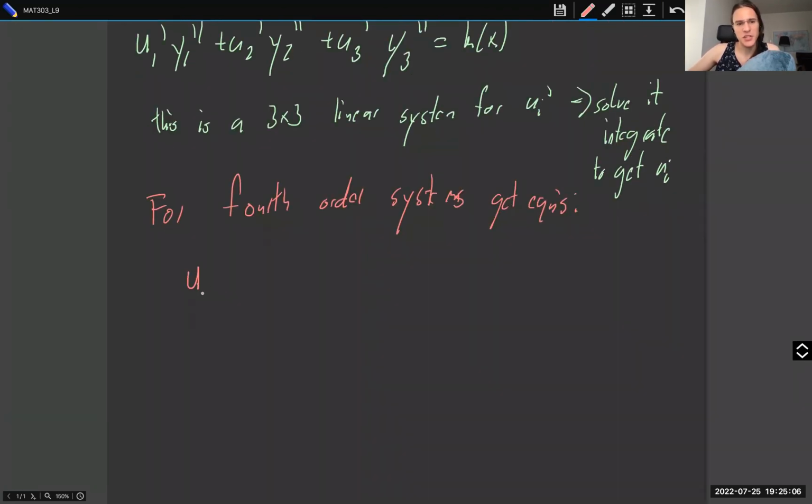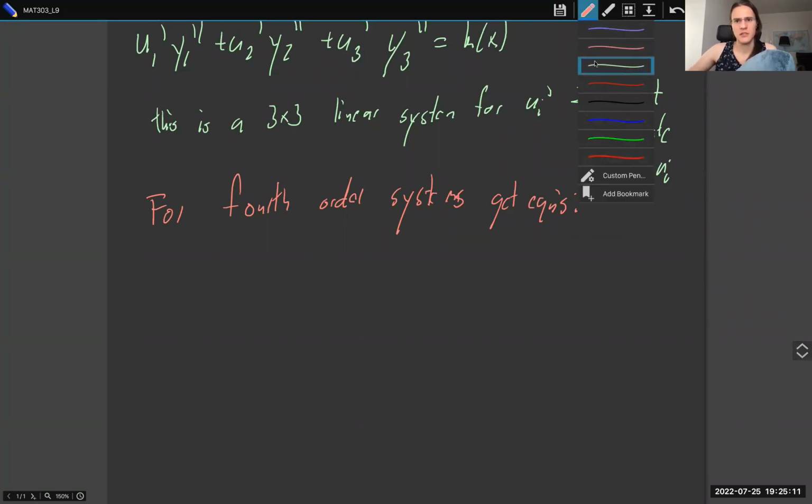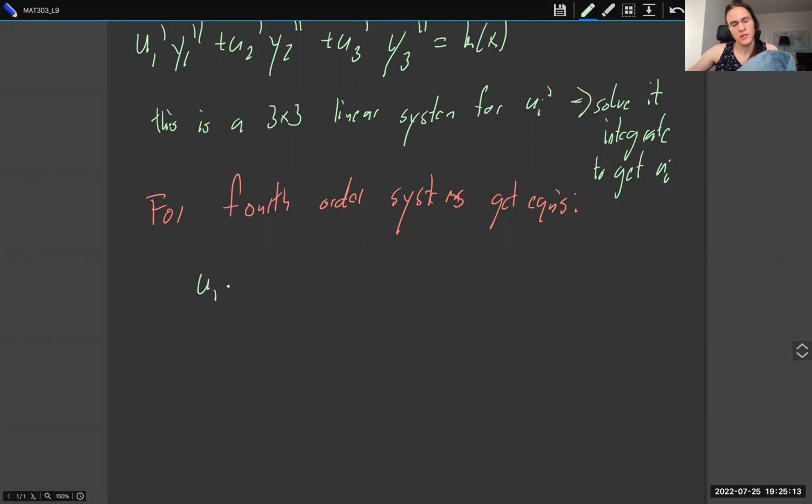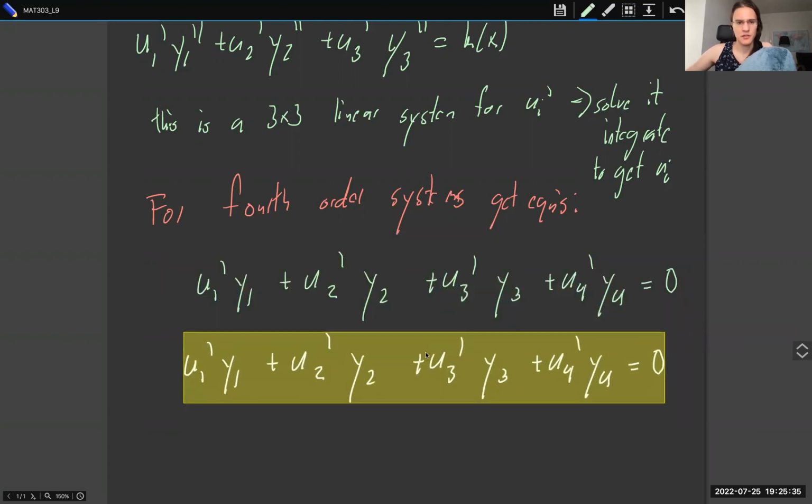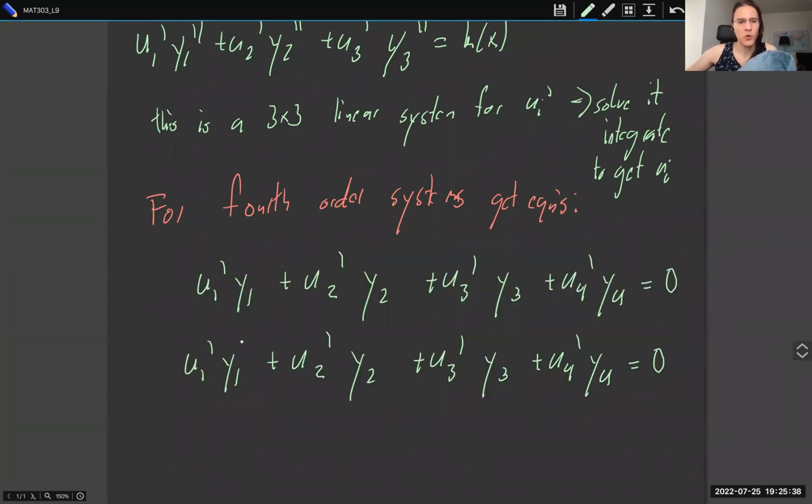It's going to be u1 prime. Let me write them in green. And then I'm just going to copy this equation and modify it. So in the second order, we're going to get primes here.